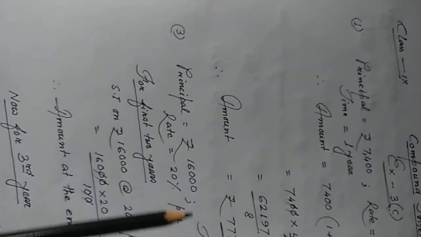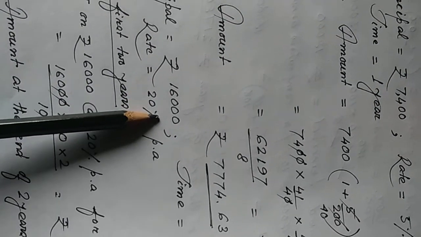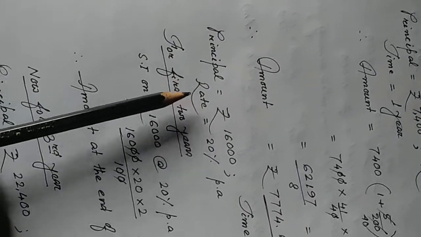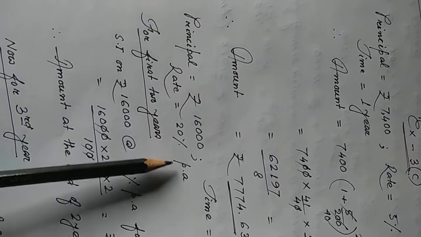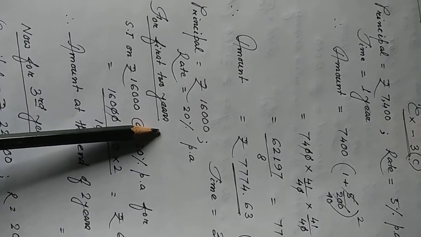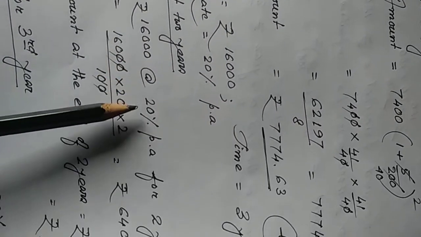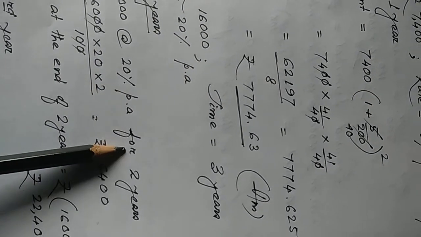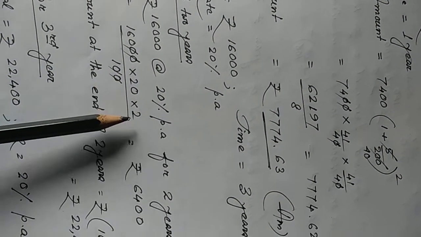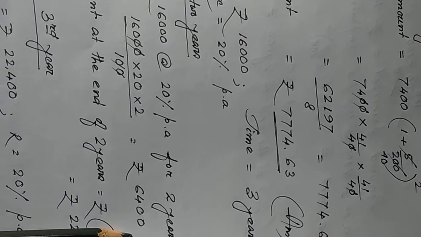So here principal equal to rupees 16,000, time equal to 3 years, and rate equal to 20% per annum. So for the first 2 years, the simple interest on rupees 16,000 at the rate of 20% per annum for 2 years will be 16,000 into 20 into 2 by 100, and it is coming 6,400.